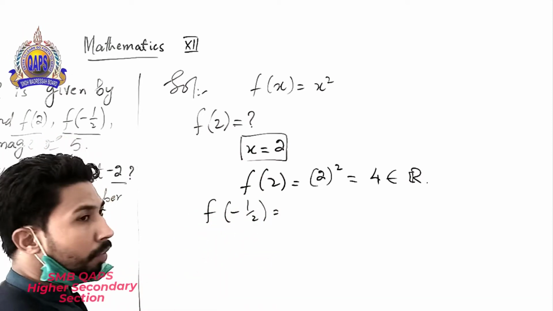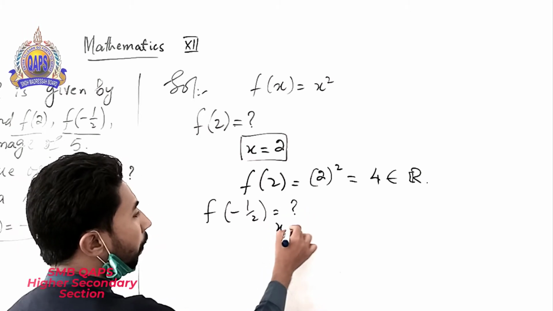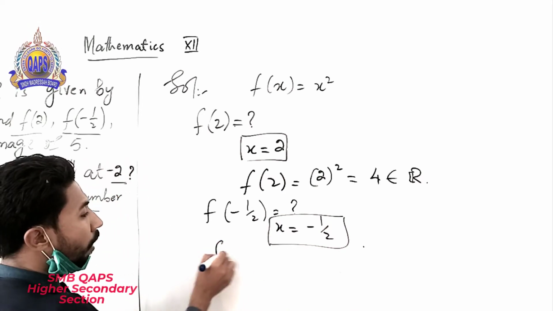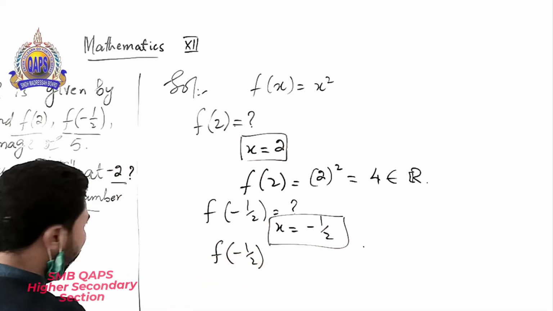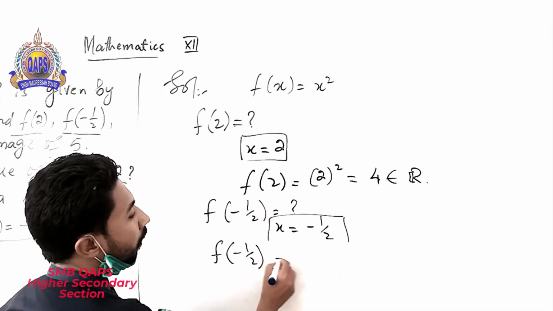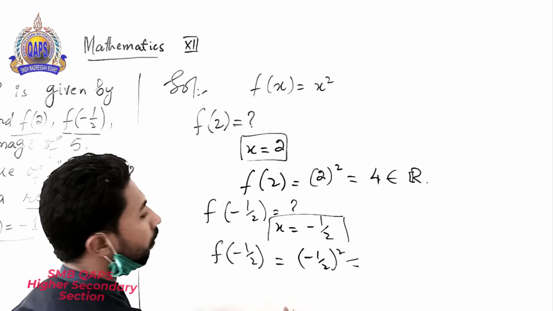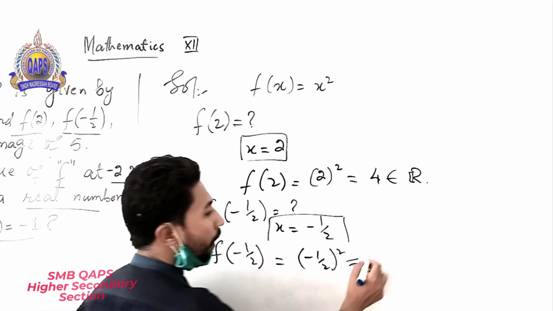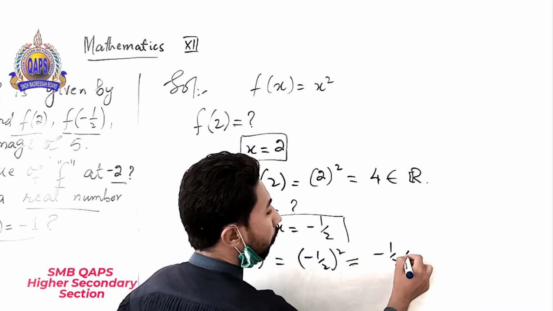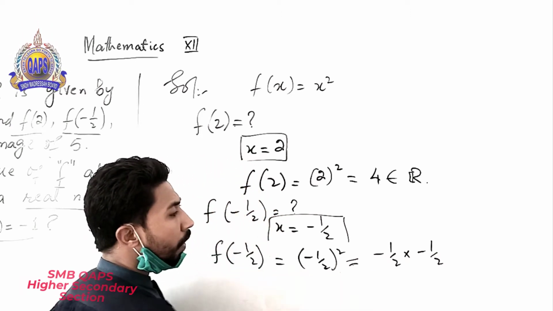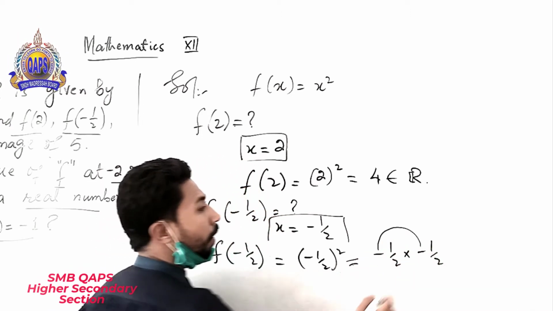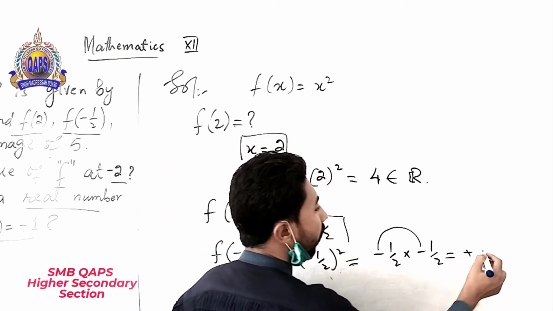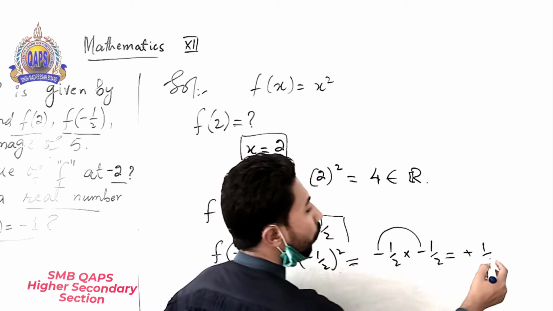Now the second point, f of -1/2. Here x contains -1/2. Now put it in this function: f of -1/2 is (-1/2) squared. In the sense of square, the base is multiplied two times by itself, -1/2 multiplied by -1/2, and minus multiplied by minus converts into plus. 1 times 1, the result will be 1. 2 times 2, the result will be 4.